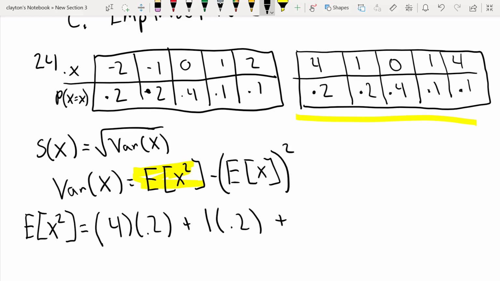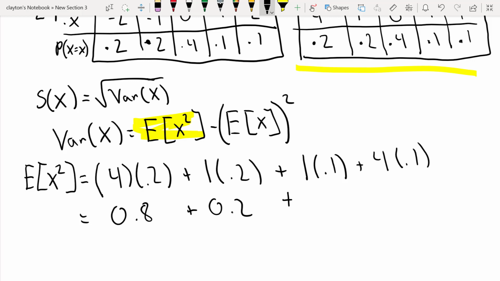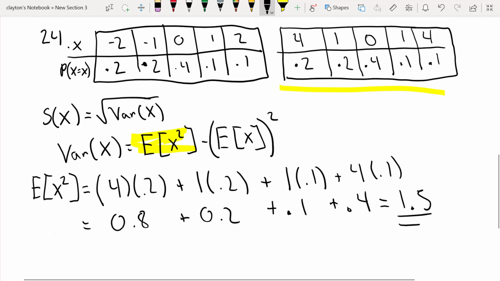So plus 1 times 0.1 plus 4 times 0.1. In which case we get 0.8 plus 0.2 plus 0.1 plus 0.4, which gives us 1.5. So that's our expected value of x squared.